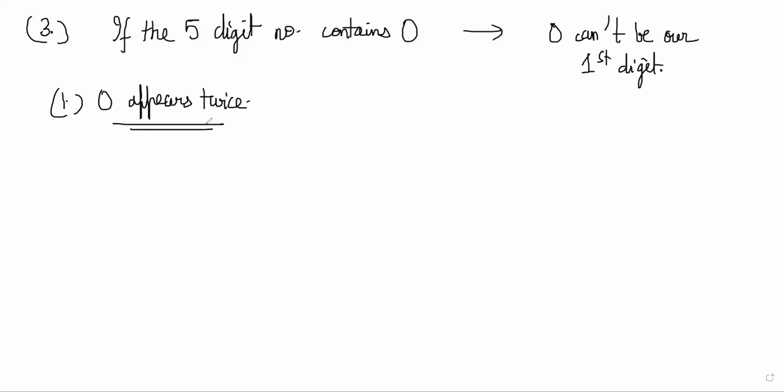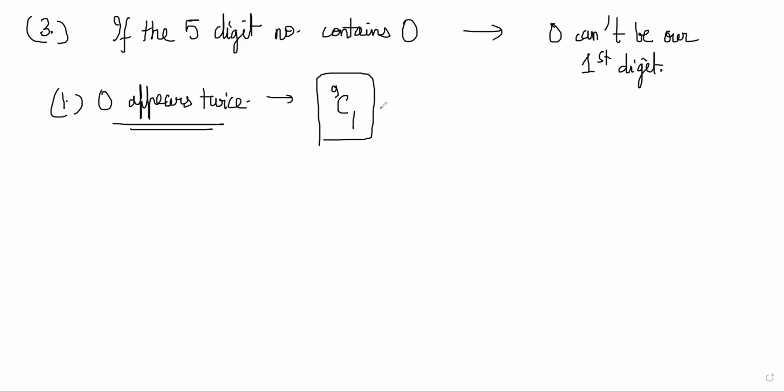In that case, the first digit cannot be 0, so it can be selected in 9C1 ways, out of the digits 1 to 9.